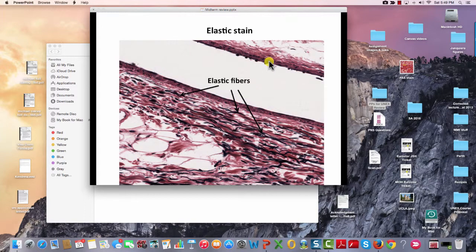This is a vein, I would imagine, and you can see that there's some elastic in the wall of the vein here. The nuclei of the endothelial cells lining this vein are also stained black, but that's not because they have elastic in them. It's just a characteristic of this stain.